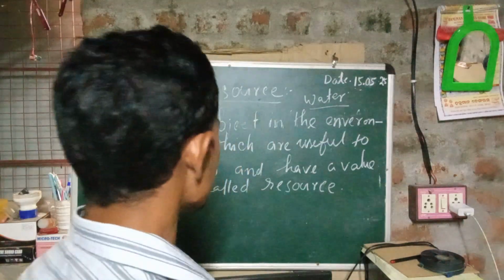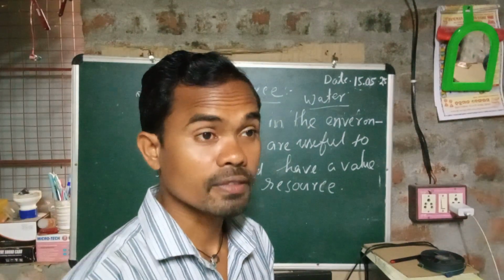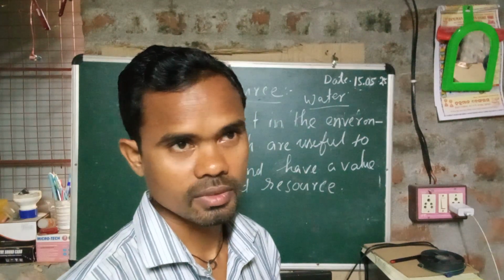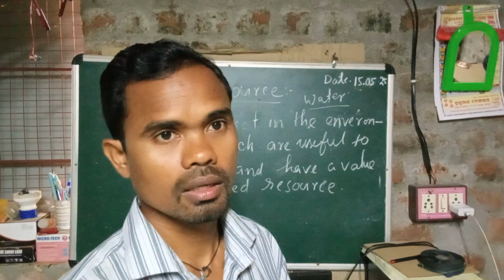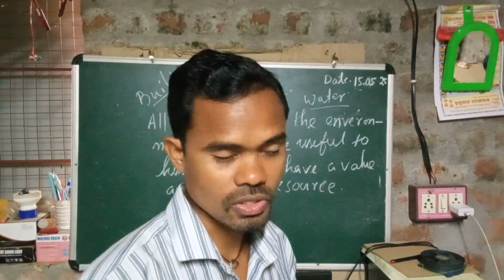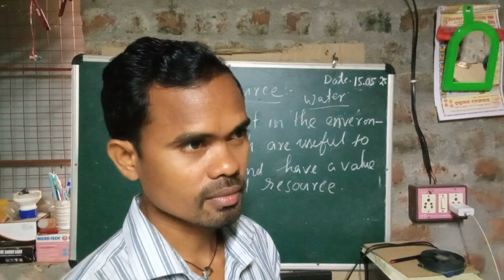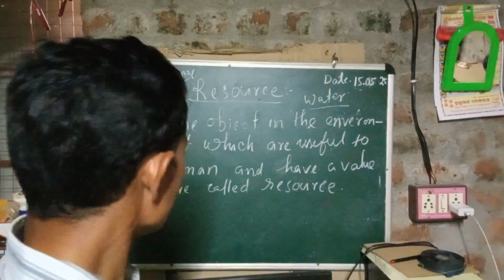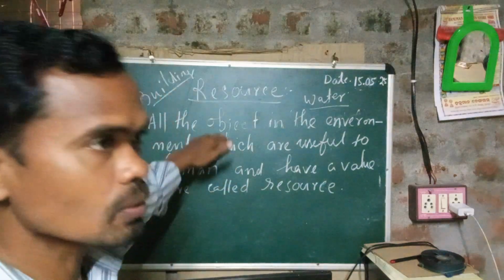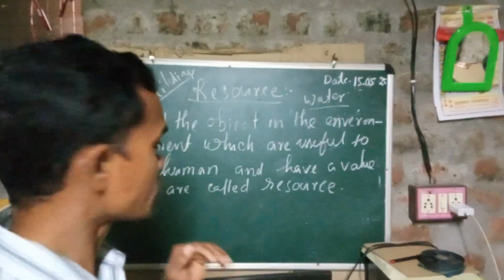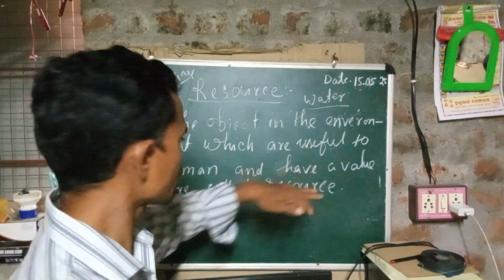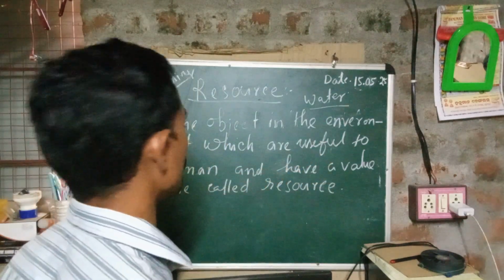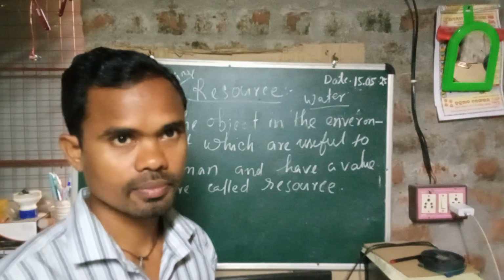This Earth gifted us many things like water, soil, air, plants, many more things, and these are useful. So according to the definition, all the objects in the environment which are useful to humans and have a value are called resources.